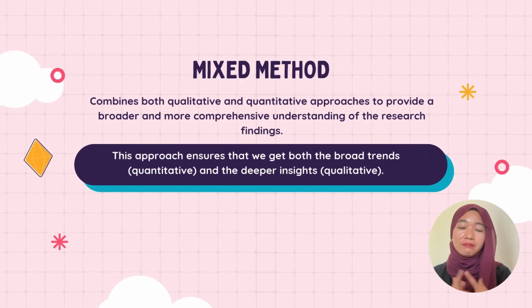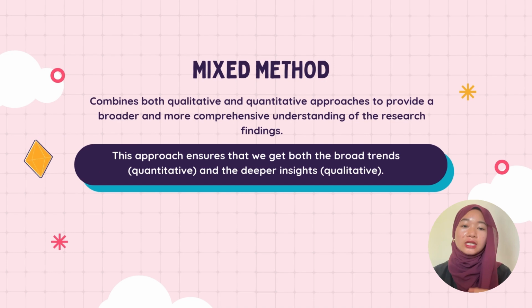So we move to the mixed method analysis. Mixed methods combine both quantitative and qualitative approaches to gain a comprehensive understanding of the research problem. For example, we might use quantitative analysis to measure how effective an educational intervention is, and qualitative analysis to explore participants' feelings or experiences with that intervention.